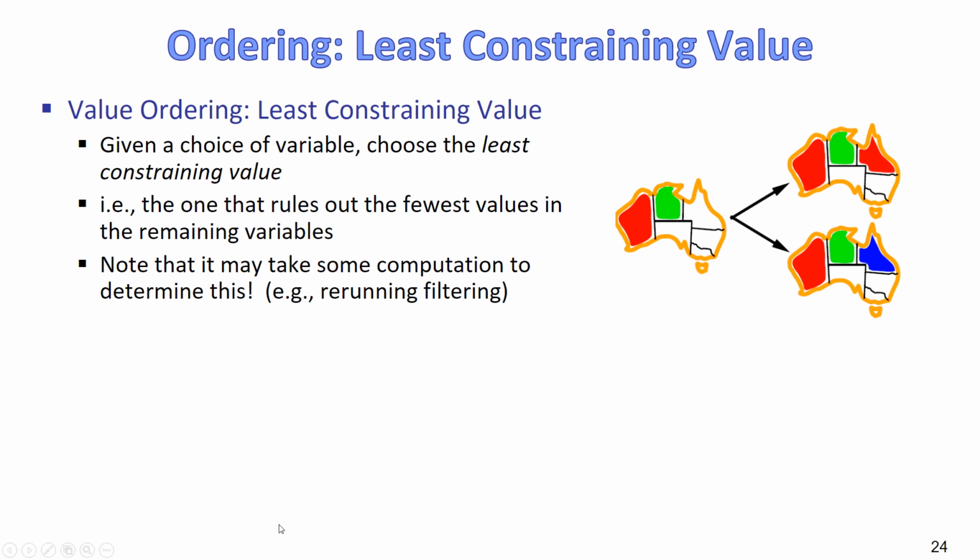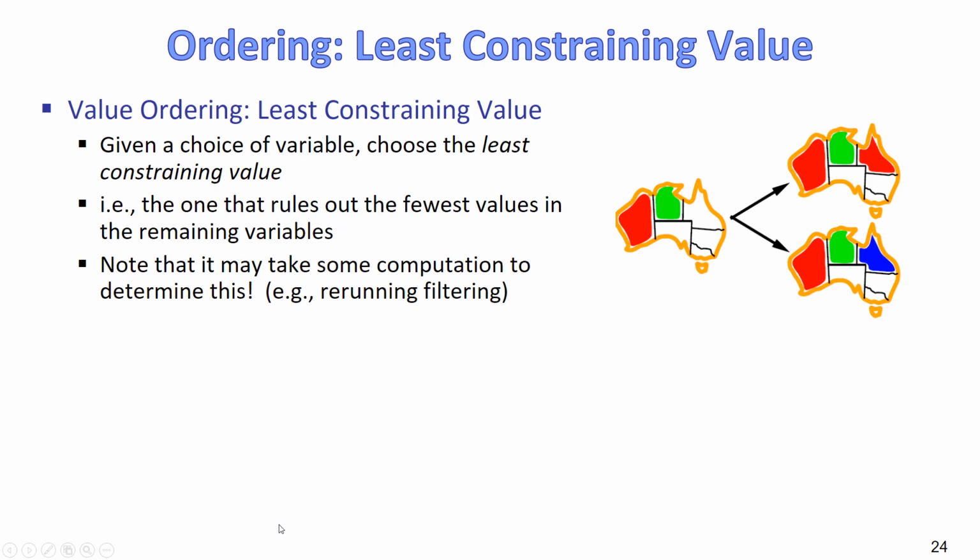Now we switch to ordering of values. Let's assume now that we selected a variable to be assigned. Now which value should we assign to that specific variable? This criteria is telling us that we should select the value that is least constraining. What do you mean by least constraining?